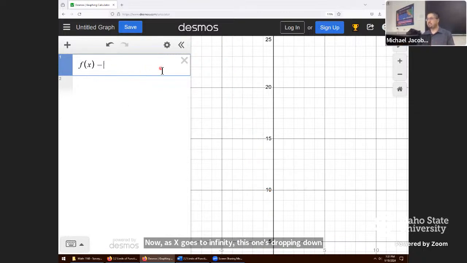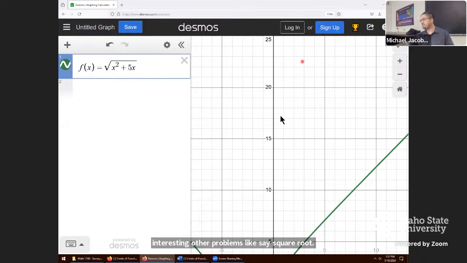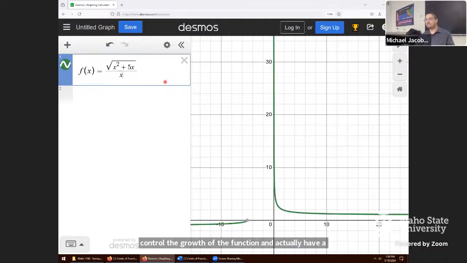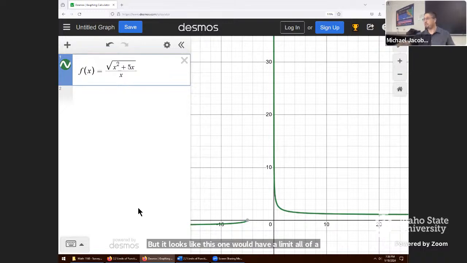And you can make a lot of interesting other problems, like, say, square root of x squared plus 5x. Well, there's no denominator here to control what's happening in the numerator, so this one's also shooting off towards positive infinity. So you need a denominator to control the growth of the function and actually have a limit that exists. Divided by x, there's a domain issue here for sure, but it looks like this one would have a limit all of a sudden. So those are the weird and wild things that can happen with limits.